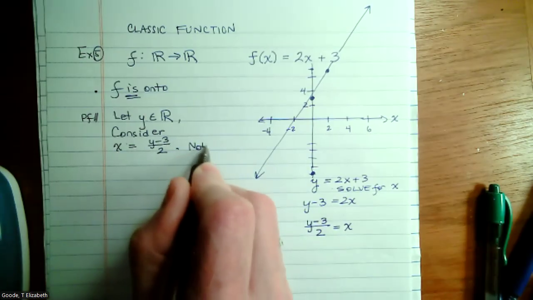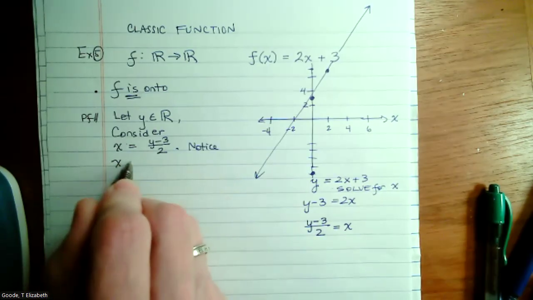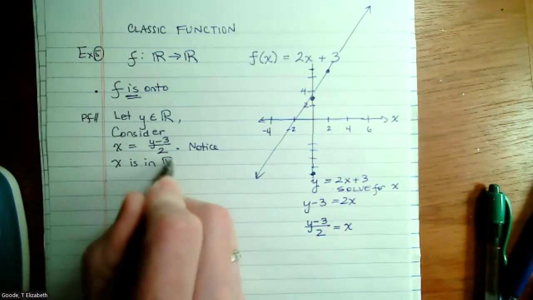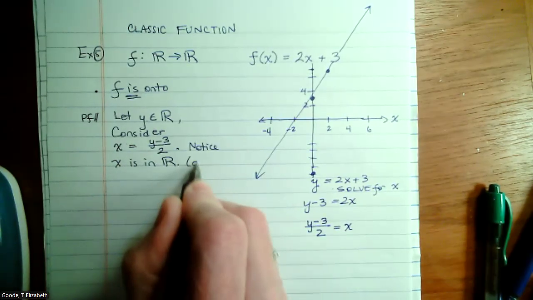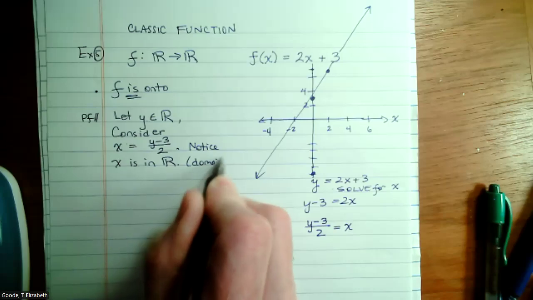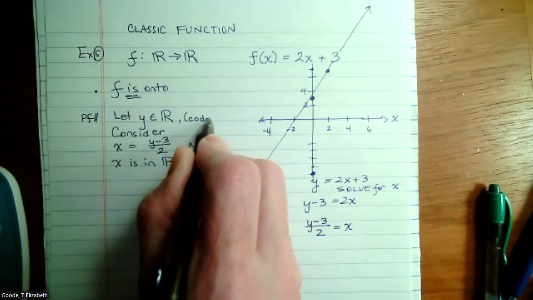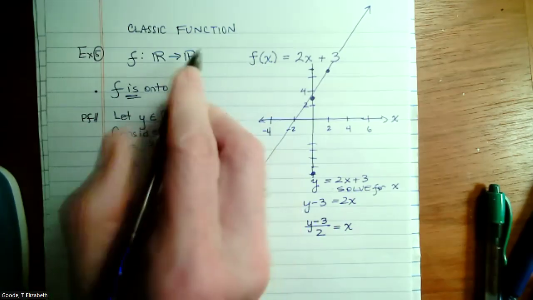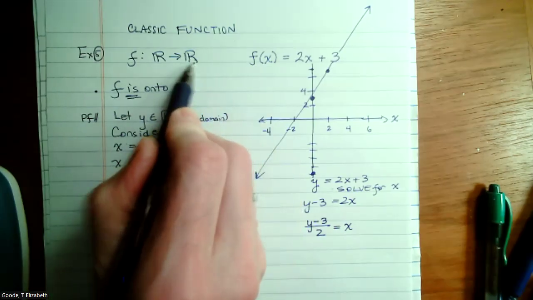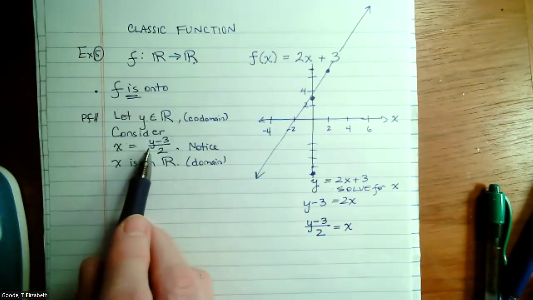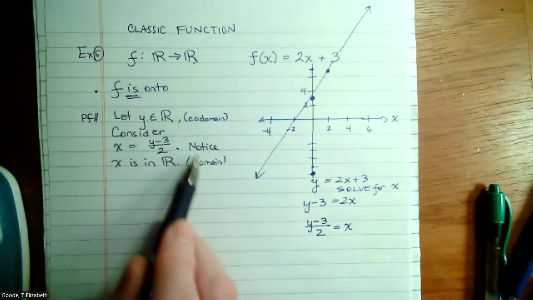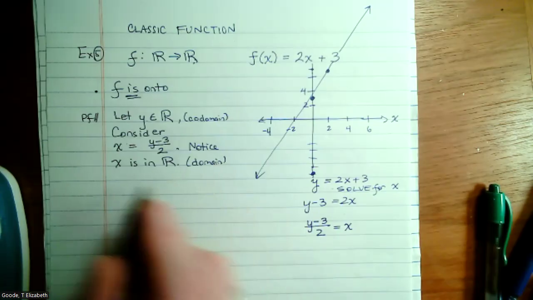Notice x is in the reals, and I'm talking about the domain. Whereas when we took a y out of the reals, we're thinking about this copy of the reals, the codomain. We just want to find an x that hits this y.